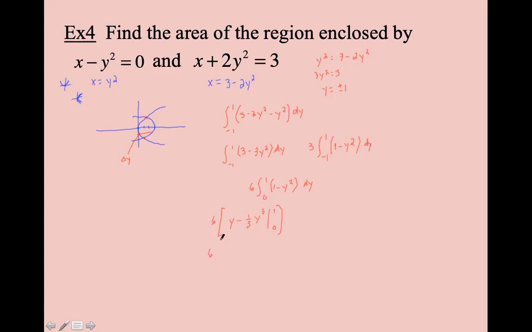So we have 6 times, and we first plug in 1. We have 1 minus 1/3, minus, I plug in a 0 and I get 0. So 1 minus 1/3 is 2/3. And 6 times 2/3, I should get that my answer is 4.